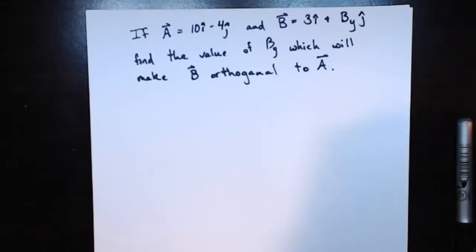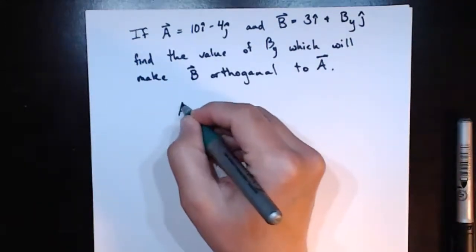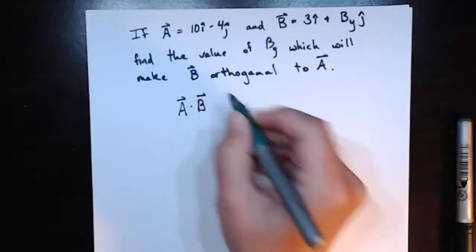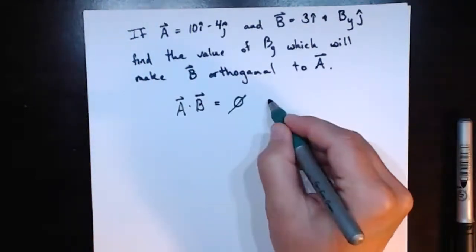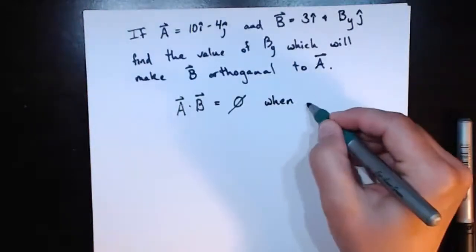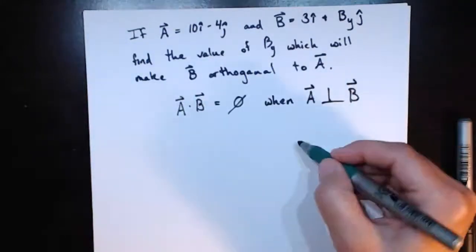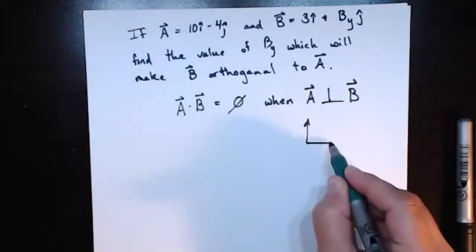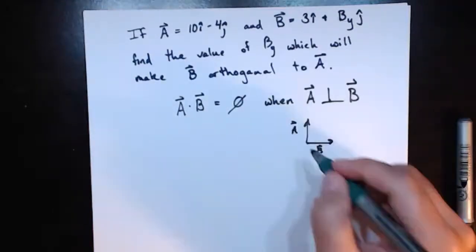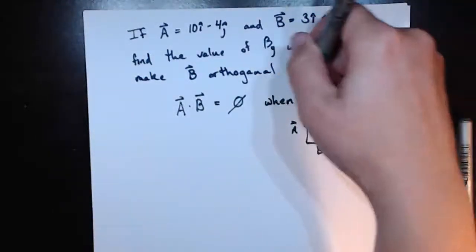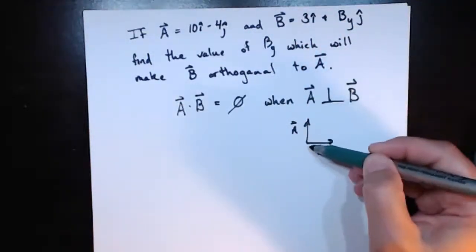Okay. So the dot product equals 0 when A is perpendicular to B, because if I draw two vectors that are perpendicular to each other, you can see that if I were to shine a flashlight from up here at it, the projection of A onto B is nothing.